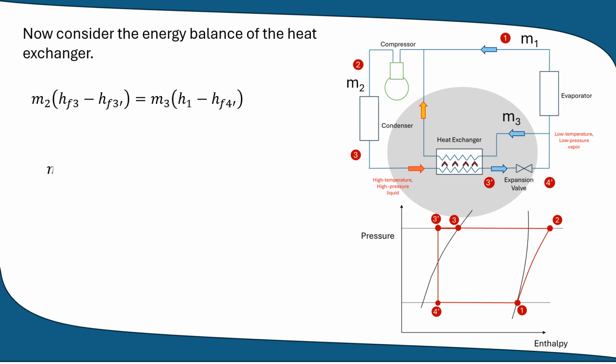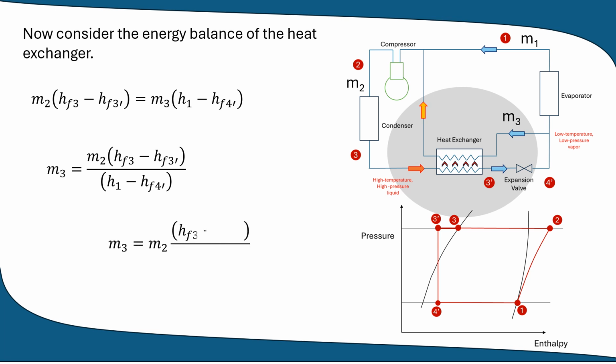This simplifies to m3 equals m2 times (hf3 minus hf3') divided by (h1 minus hf4). Since hf4 is equal to hf3', m3 equals m2 times (hf3 minus hf3') divided by (h1 minus hf3').